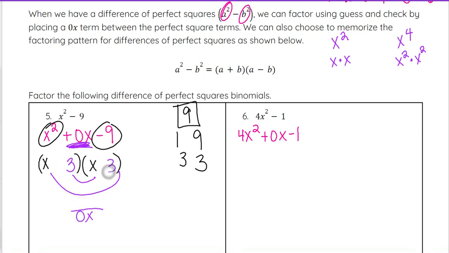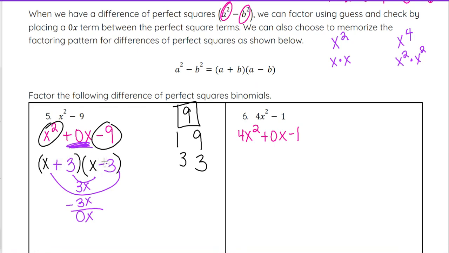So you'd go through your process and you'd find that 3 works. To have 3x and 3x give you 0, one of them needs to be plus and one of them needs to be minus. It doesn't matter which one is plus and which one is minus, but it's going to be the same binomial, but one will be plus and one will be minus.